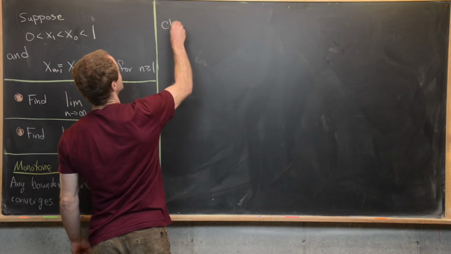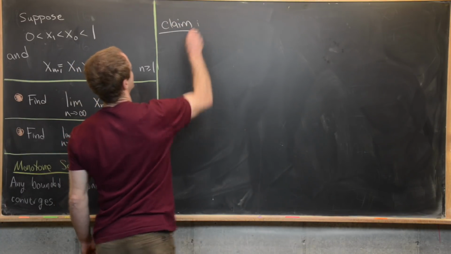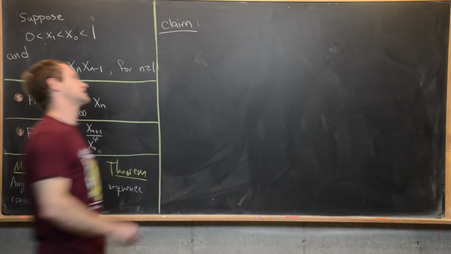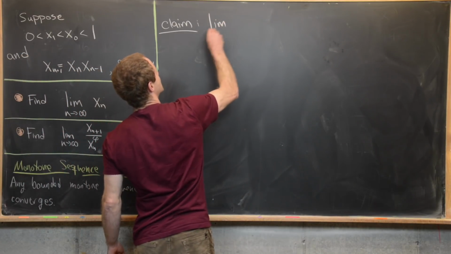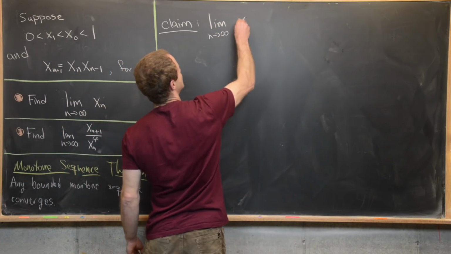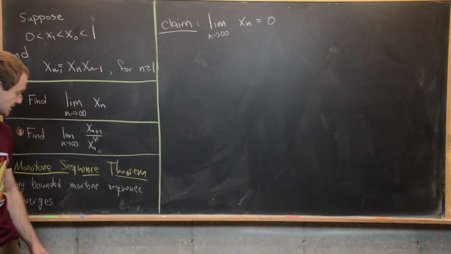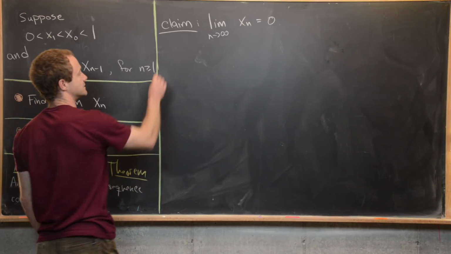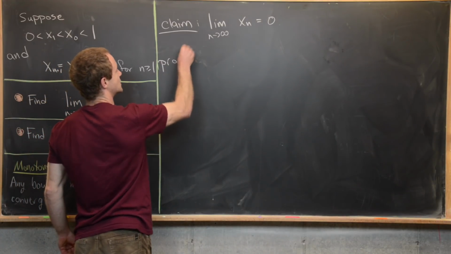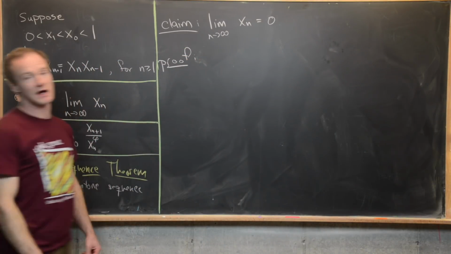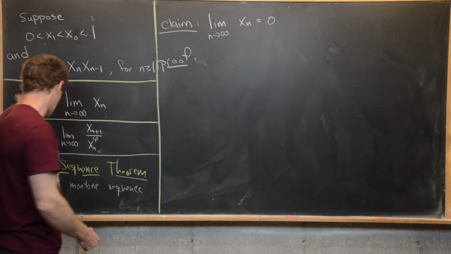Okay, so let's verbalize that as a claim. My claim is that the limit as n approaches infinity of x_n is equal to 0. Like I said, we're going to use the monotone sequence theorem, which means we need to prove that this thing is a monotone sequence and that it is bounded.